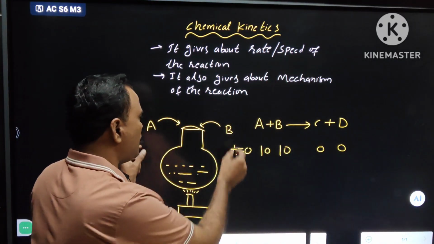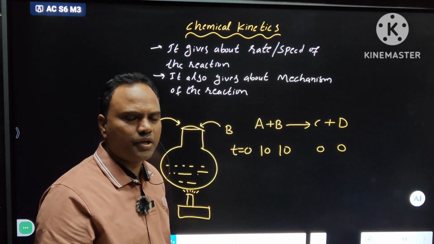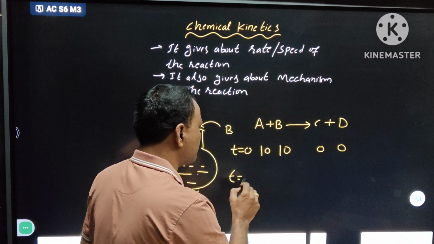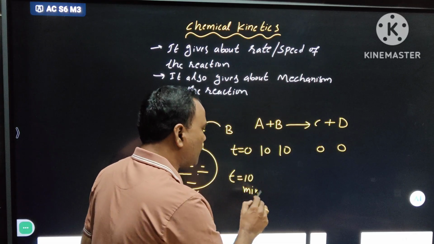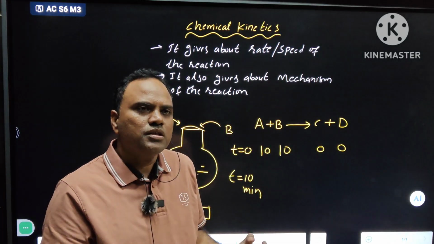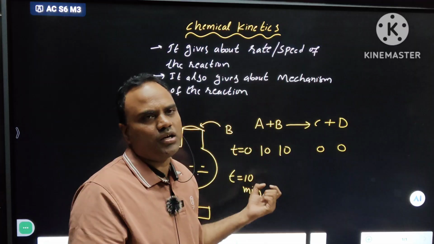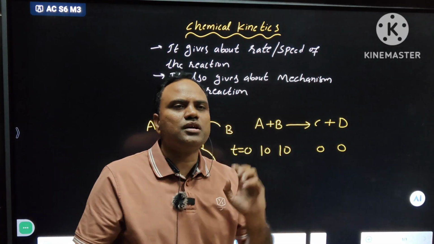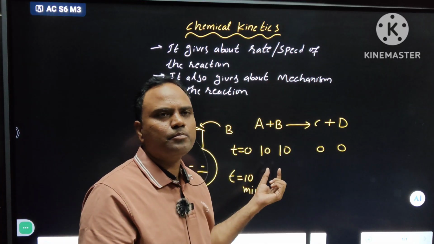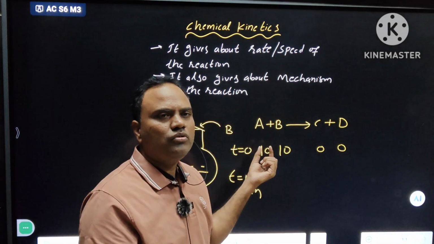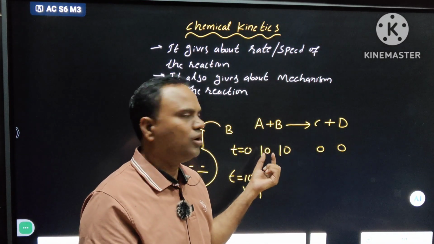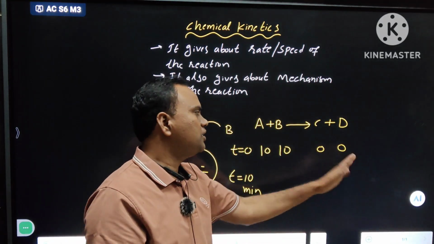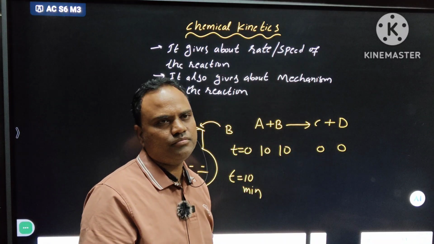For example, after adding A and B and after heating for some time, let us take some 10 minutes. After 10 minutes, what happens? Some of the reactants will convert to products. Let us consider out of 10, 5 reactant molecules of A and 5 reactant molecules of B both will combine and convert into product after some time.